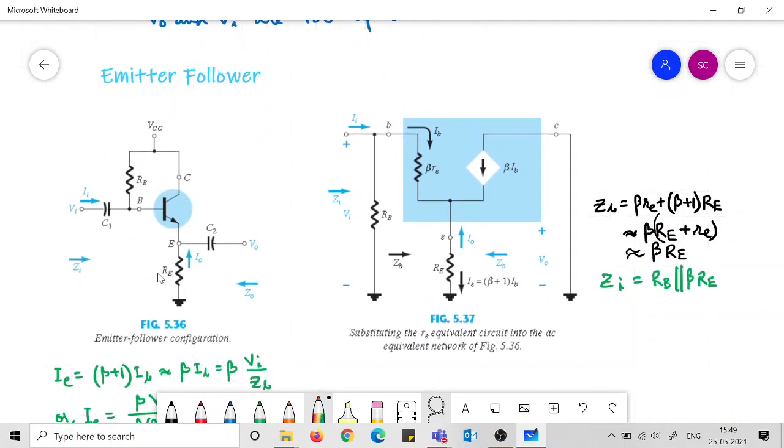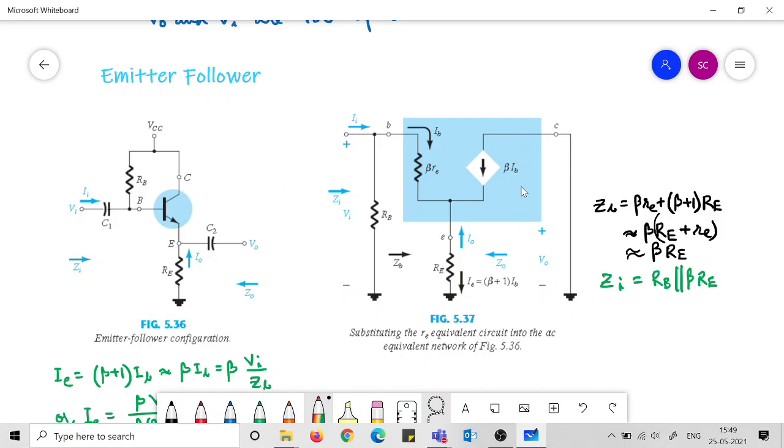In the emitter follower also you see that the emitter resistance is unbypassed. So in a similar manner you will get this. So RB is from this point to this point. There is a beta re and then a capital RE, then a beta IB current is flowing, and we don't have an RC resistance here.